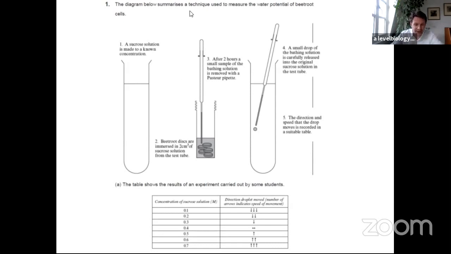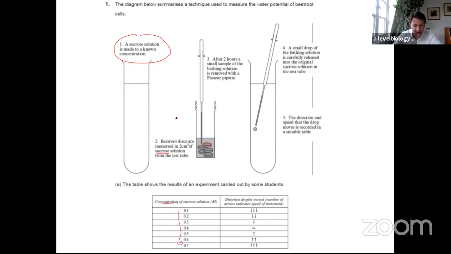Okay, so this is a particularly unpleasant question looking at the water potential of beetroot cells. They made sucrose solutions of a known concentration. They then put beetroot discs in that solution, and they varied the concentration of the solution.